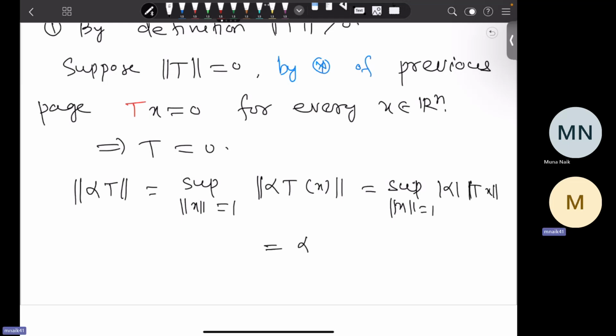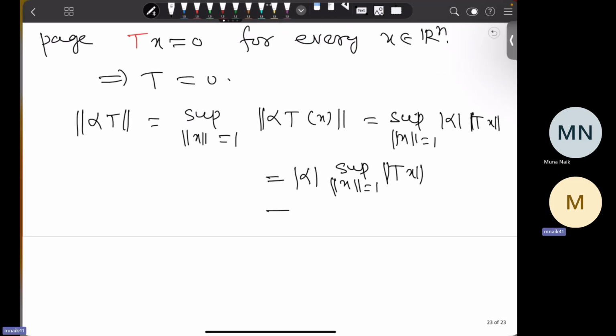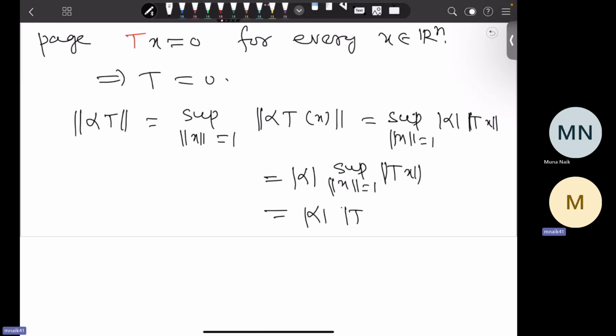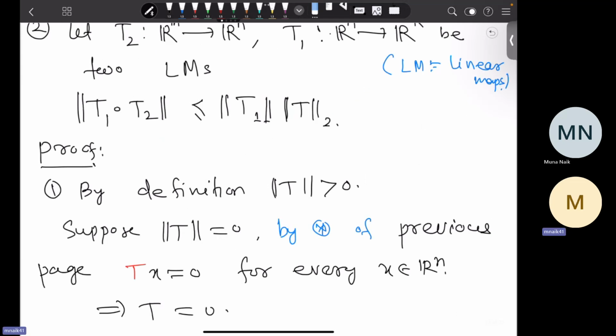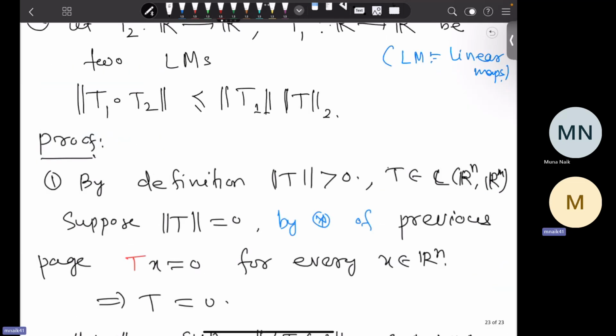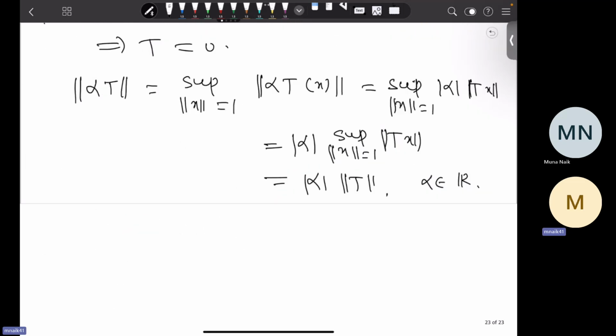The modulus of alpha can be pulled out, and this is nothing but the modulus of alpha times the norm of T, where alpha belongs to R and T belongs to L. So this homogeneity is done.